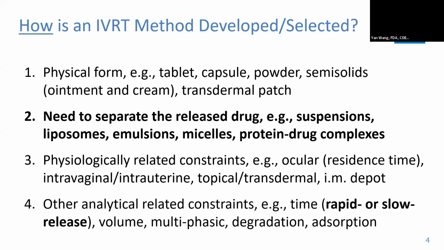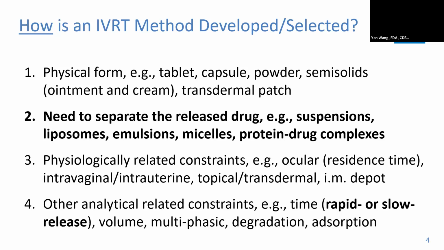Then lastly, there are also considerations to think about analytical related constraint. So for some drugs, if they are designed to have a rapid dissolution, then what is the most appropriate or feasible way to capture that?